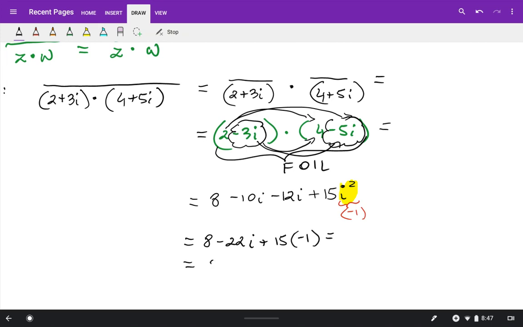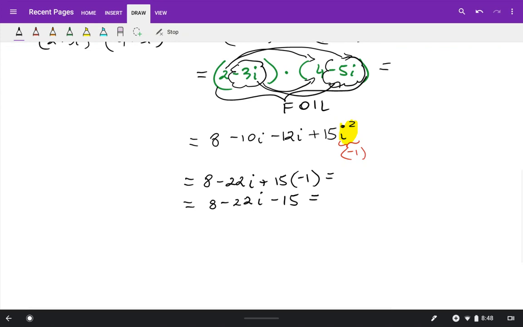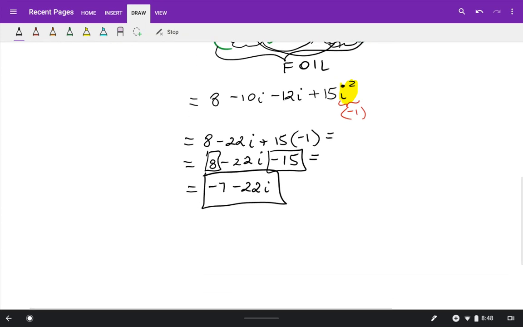Let's simplify. So we have 8 minus 22i minus 15, which is the same as, combining like terms, 8 minus 15, that will give us negative 7 minus 22i. So you always leave your answer in standard form, which means real part first and then imaginary.